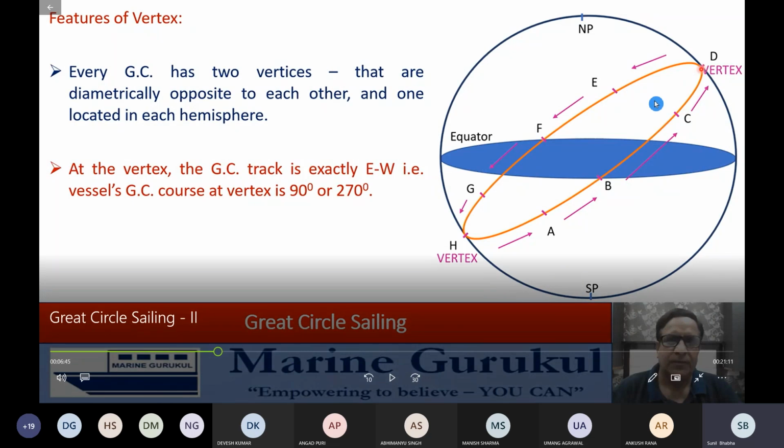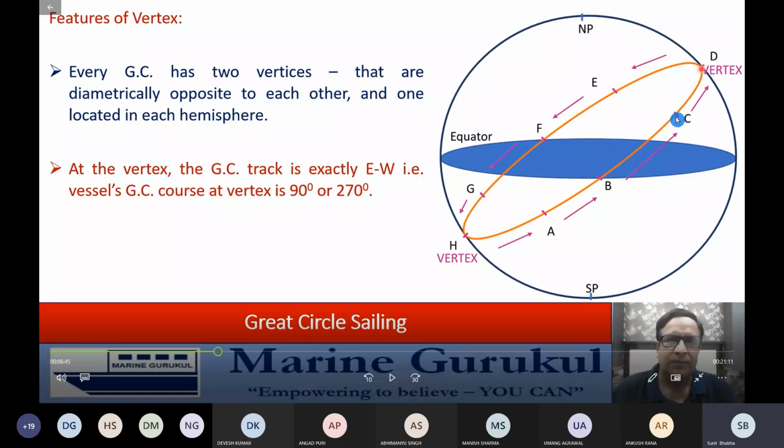So you see, Beta, let us say when the ship is at point C, the course I assume is 050. As you move ahead, after some time, the course would become 060, 070, 080, and then when you reach at D, it will be exactly 090.